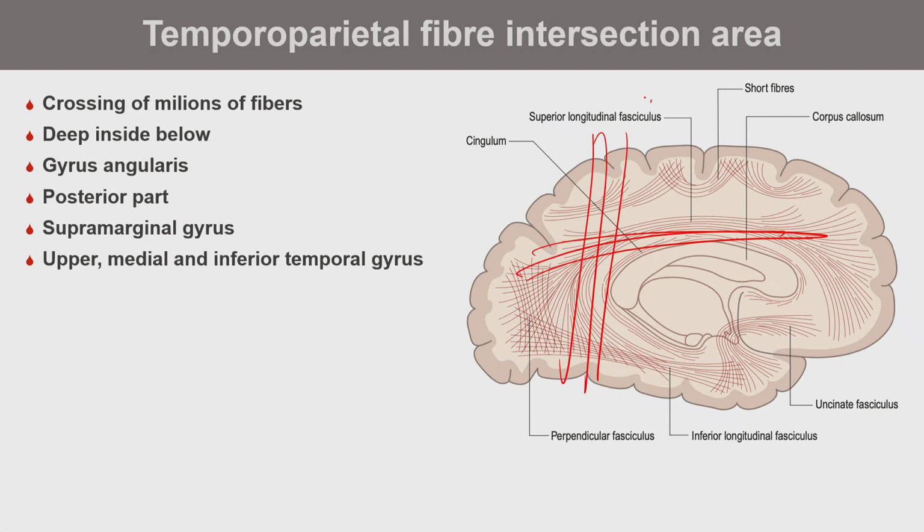This is the largest and longest superior longitudinal fascicle, and here are fascicles which are between the temporal and occipital lobe, and this is the point where multiple bands, multiple fascicles are crossing, and deep below the angular gyrus we can see the crossing of a million fibers.